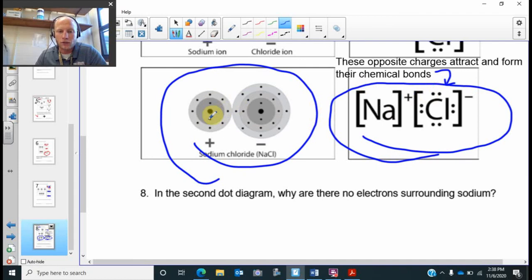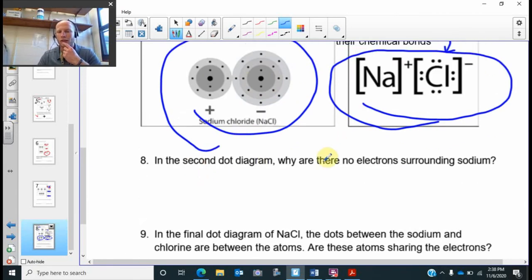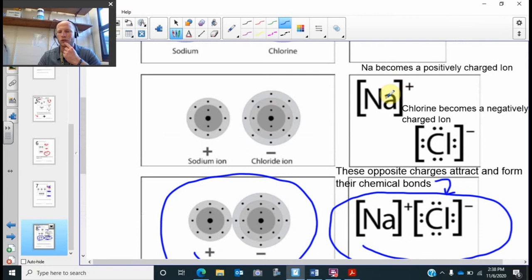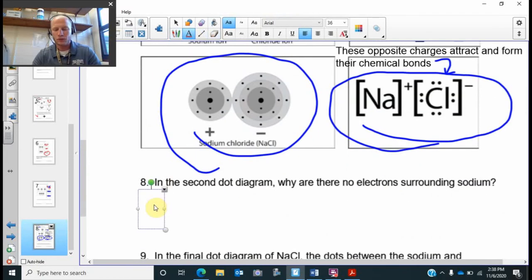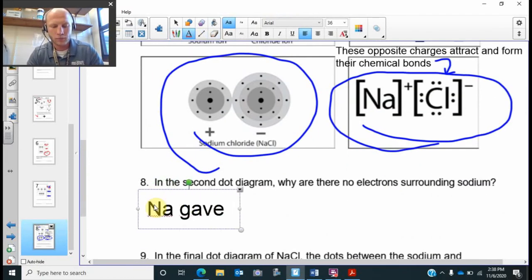So these electrons inside here of sodium are not involved with the chemical bonds. These 2 electrons, or even these in the second energy level, are not involved with this chemical bond that's going on right here. So in the second diagram, why are there no electrons surrounding sodium? And we just kind of said that. Sodium gave up its 1 valence electron.